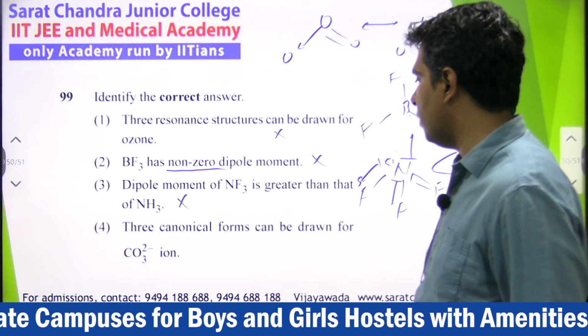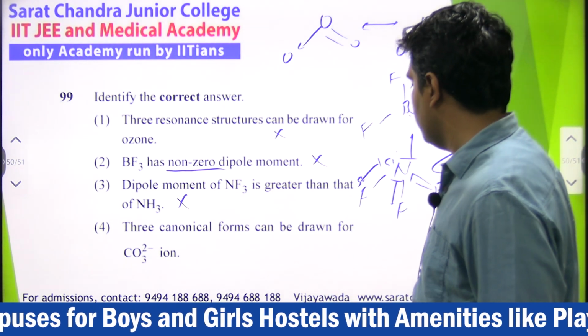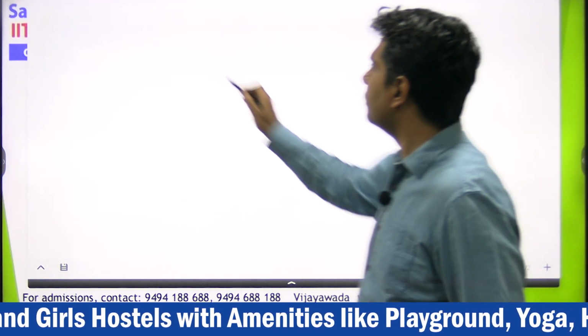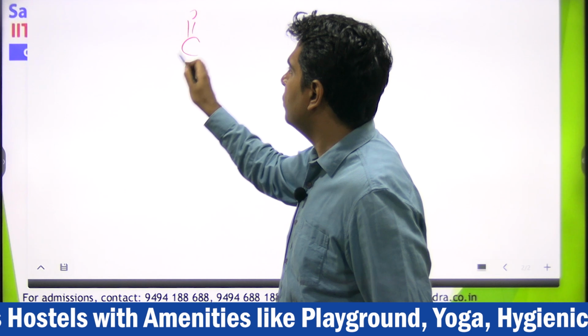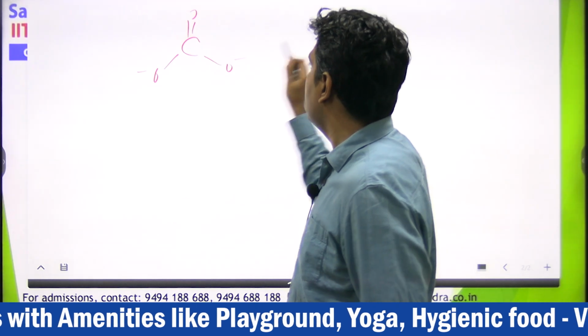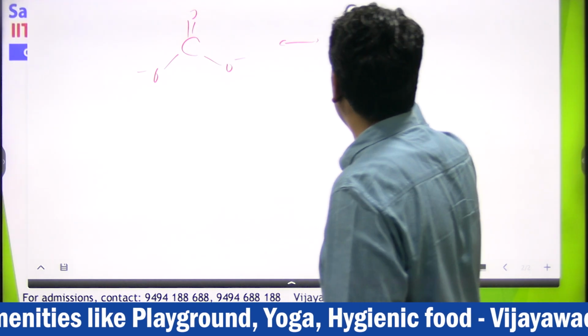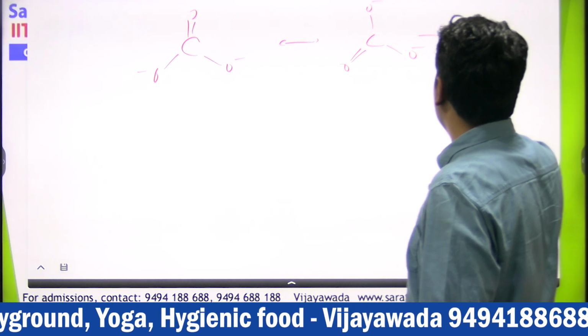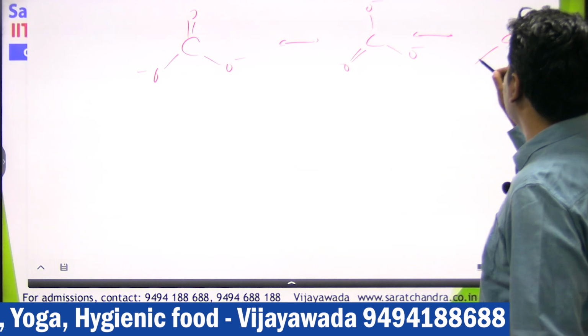So 3 canonical forms can be drawn for carbonate ion. So for carbonate ion, you can draw 3 structures. So this is one. Then you can draw the second one. And the third one will be this.